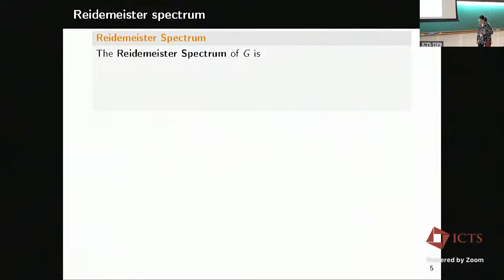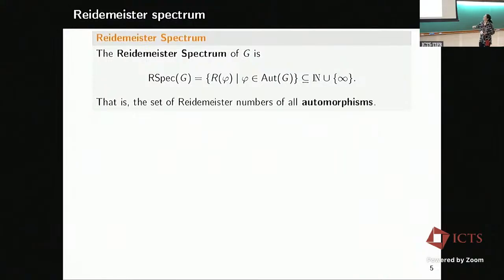This is of interest, knowing which numbers are possible, and for this reason there is a concept called the Reidemeister spectrum of a group. This is just the set of all possible Reidemeister numbers: if you take all automorphisms, which Reidemeister numbers do you get?